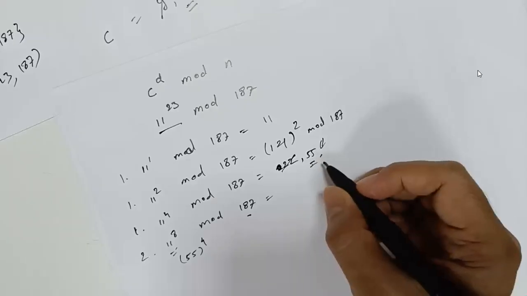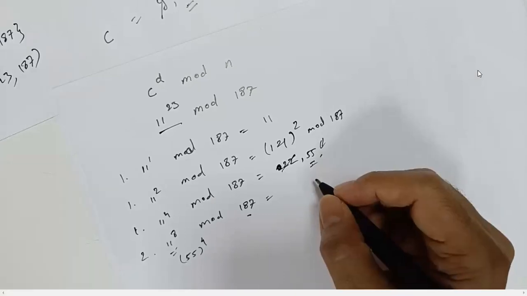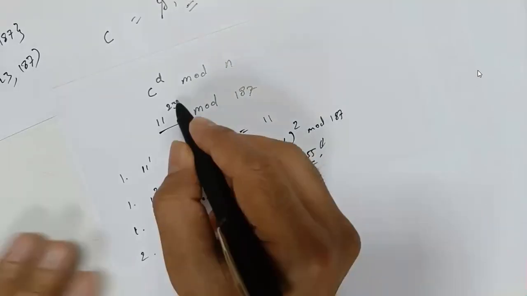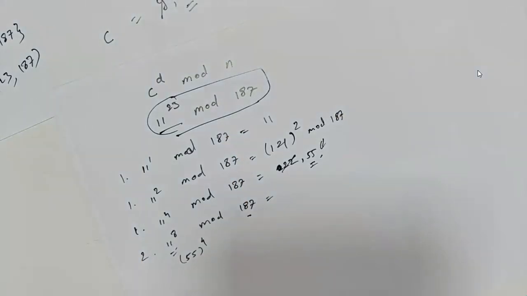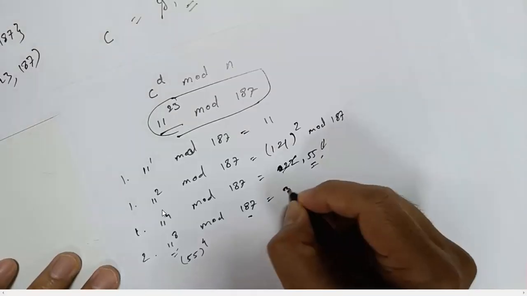Yeah, this is correct. 55 is correct. Or if you can do the direct operation on this calculator, that is also okay. Next one is 33, sir.